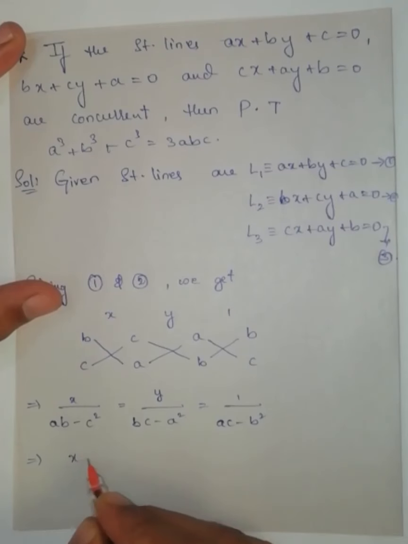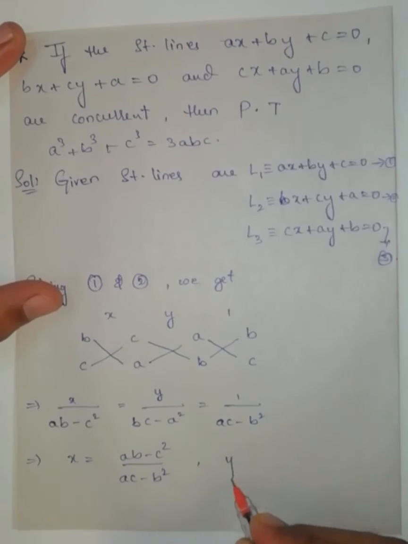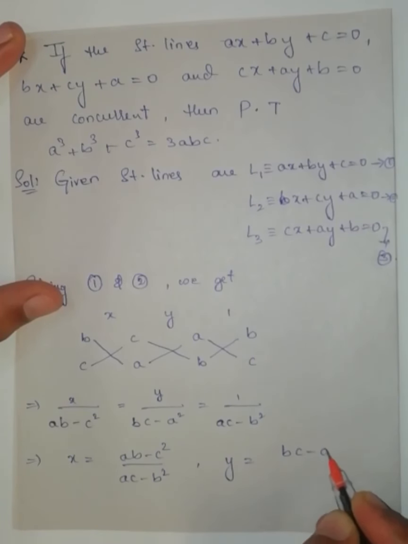This implies x is equal to AB minus C square by AC minus B square, y is equal to BC minus A square by AC minus B square.